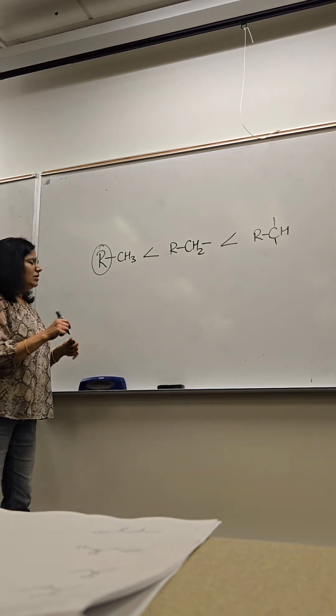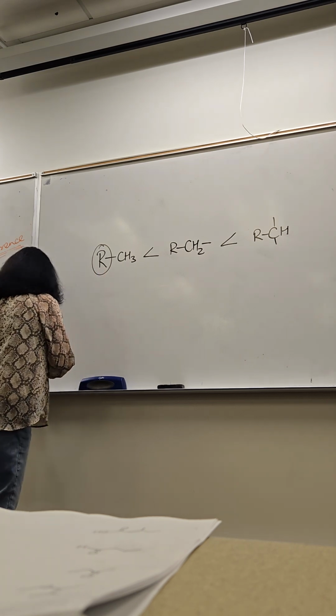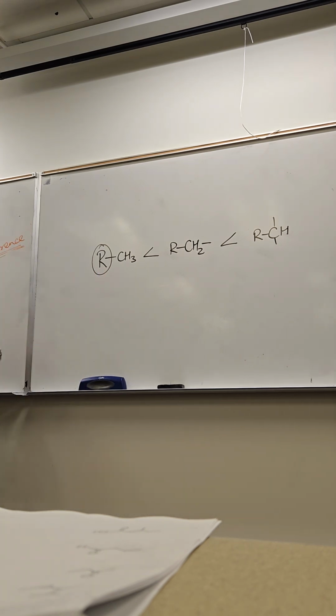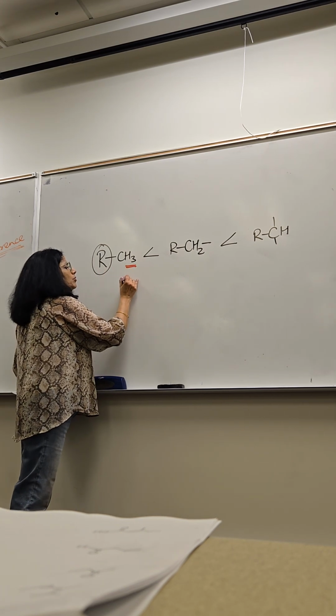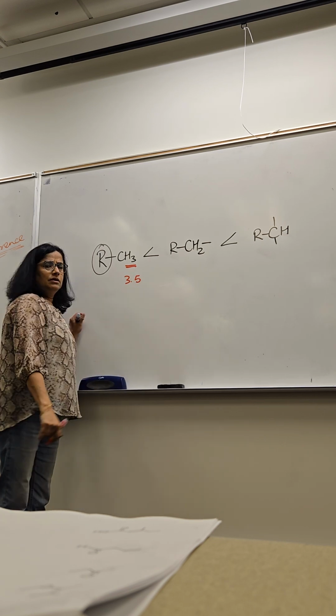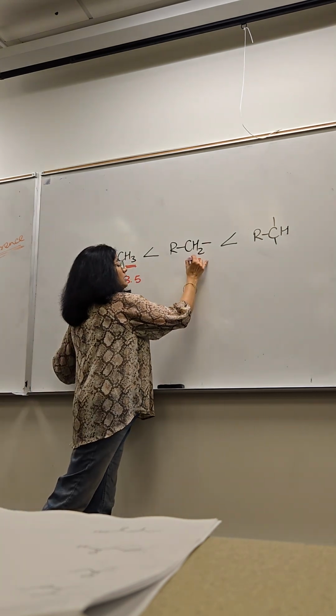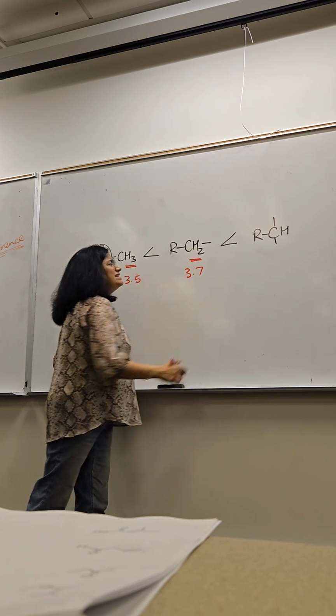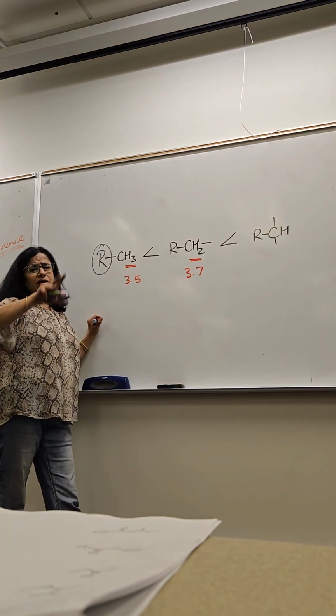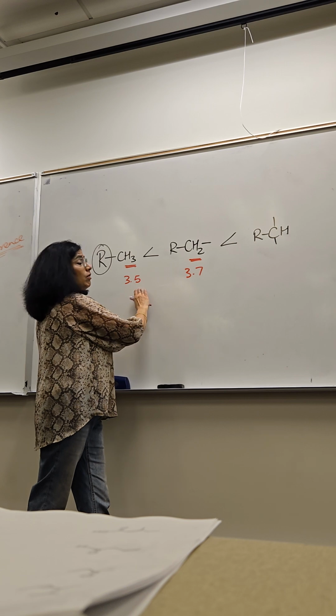Just as an example, let's say for some compound, this one shows up at 3.5 ppm. Everything else being the same, I can expect this one to be about 3.7 ppm, I'm estimating here, a little bit more than that.